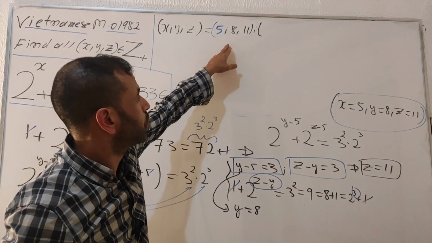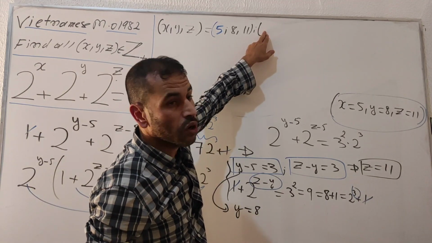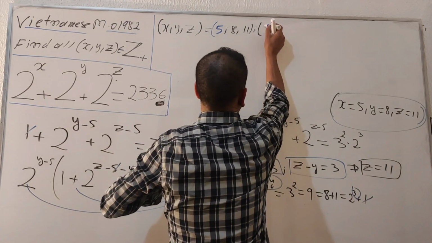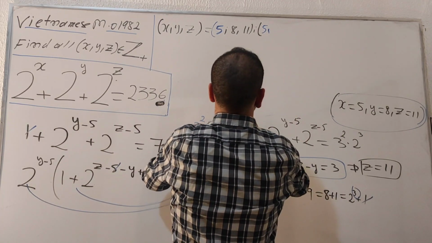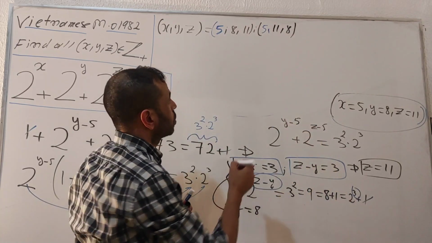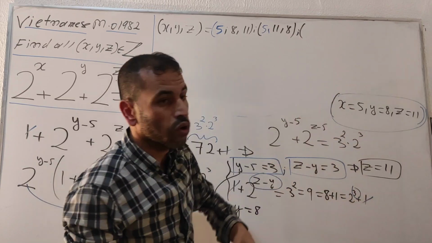Also we get a second solution. I'm going to leave this number 5 in front as the first order and switch just these two values. So I get 5, 11, and 8, which is also a solution. Let's move this 5 to the next order.